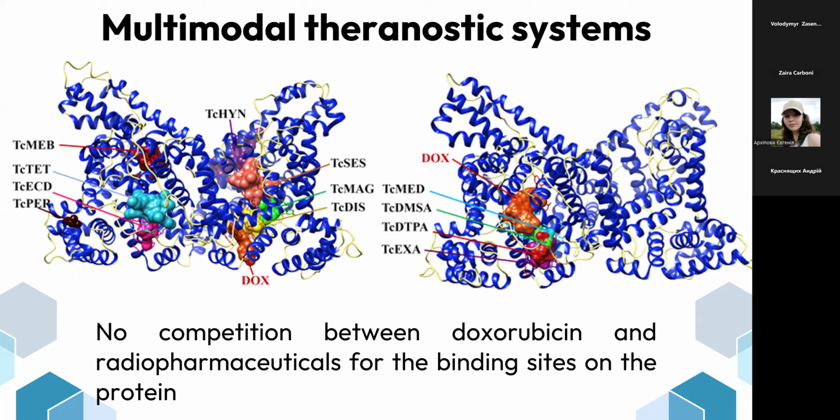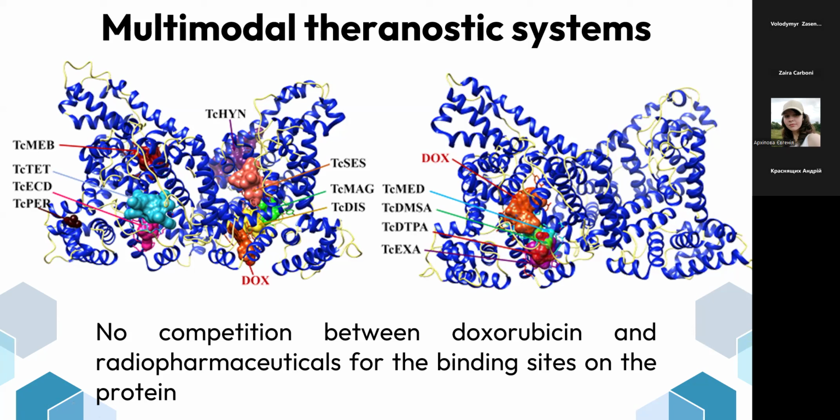At the next steps of the investigation, we employed the multiple ligand docking approach to explore the ternary protein-ligand systems, which include the protein per se, radionuclides, and the antineoplastic drug doxorubicin. The structures of such complexes are presented here, and the main conclusion from these studies is that there is no competition between doxorubicin and radionuclides for the binding sites on the protein.